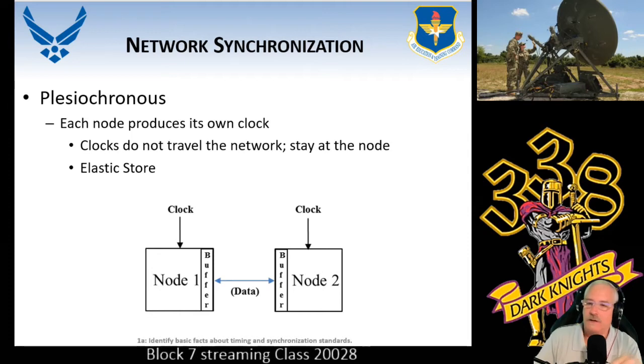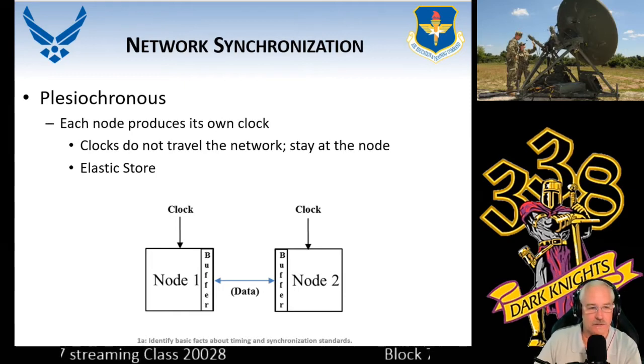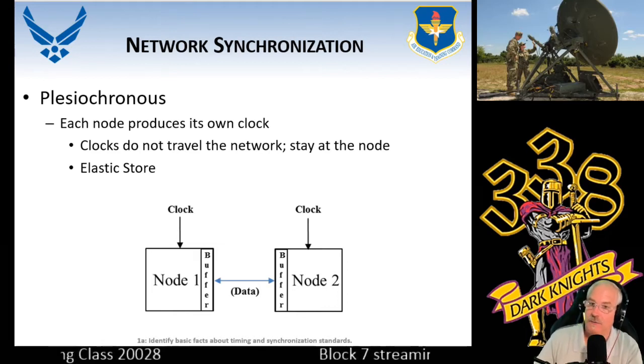You've got isochronous. I like to call it the dinosaur. It's easier to remember. This one says that each node produces its own clock and it averages it by using the elastic store. The easiest way to describe this is you guys probably have LAN parties on occasion where you'll hook up a bunch of computers together and play your game.